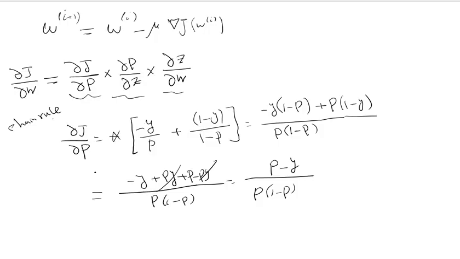Let's continue and find round p over round z. Actually, it is the derivative of the sigmoid function. P equals 1 over 1 plus e to the minus z, and I'm going to compute the derivative of p with respect to z.